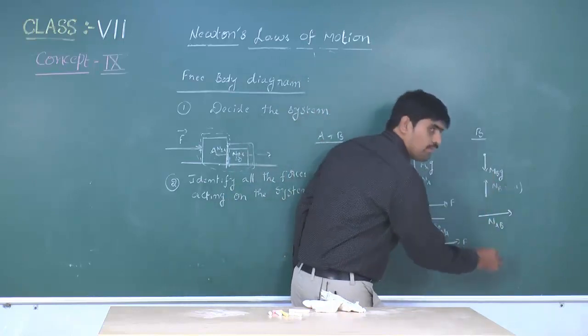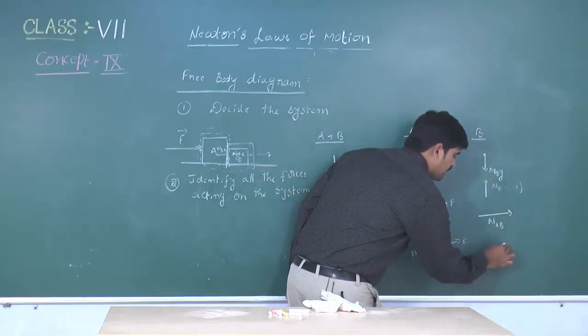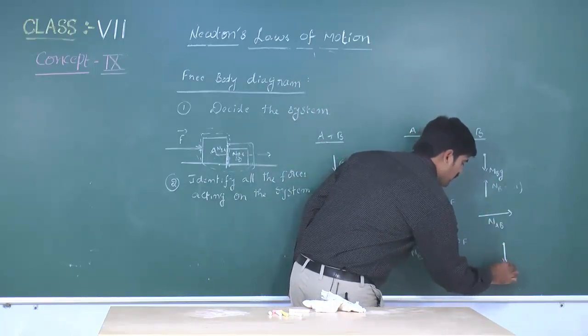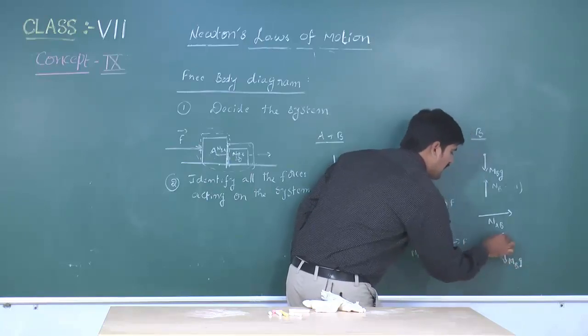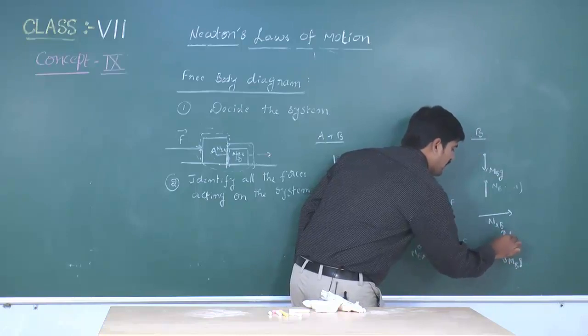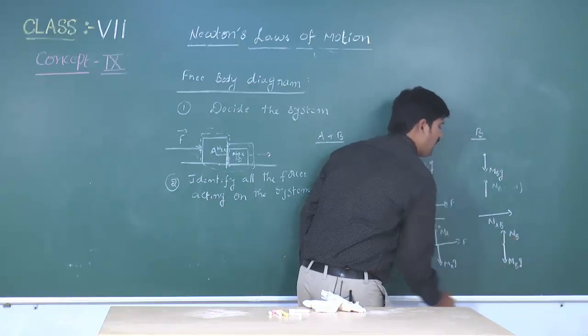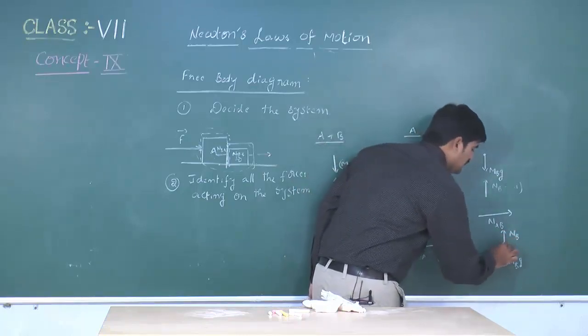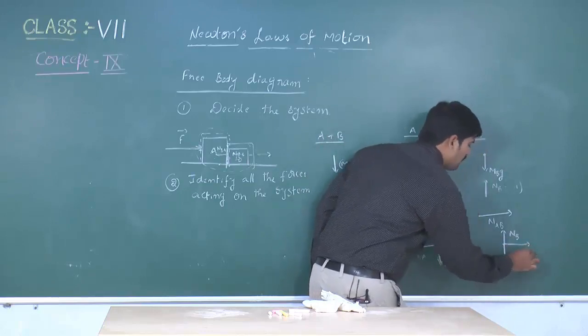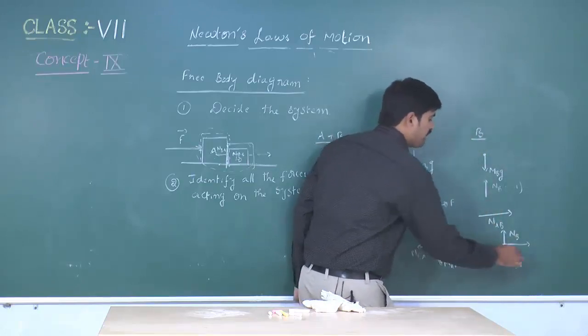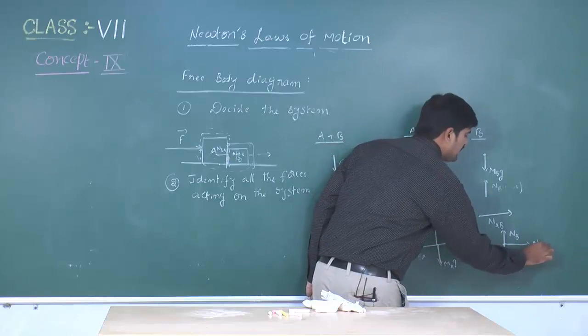Similarly, for B taken as a system, mBg acts in downward direction, normal reaction in upward direction. The normal reaction developed by the body A on B is in this direction.